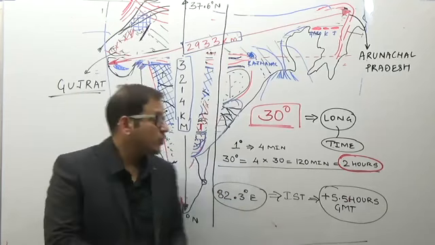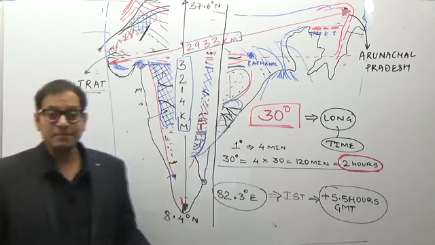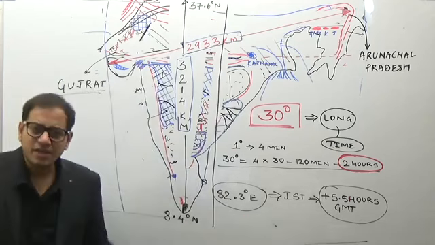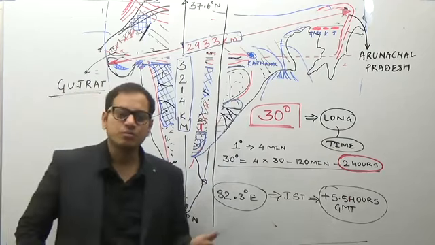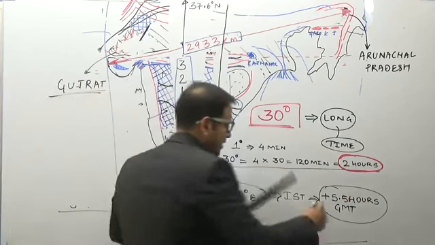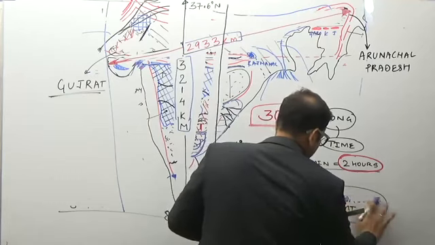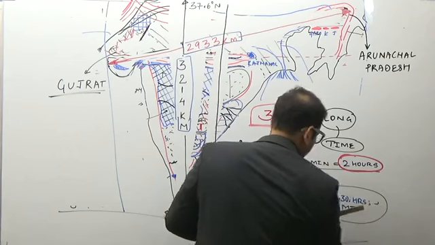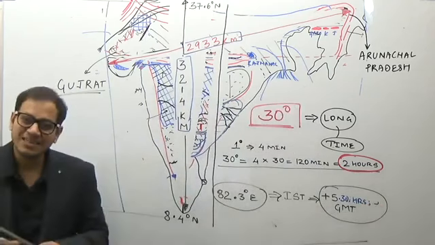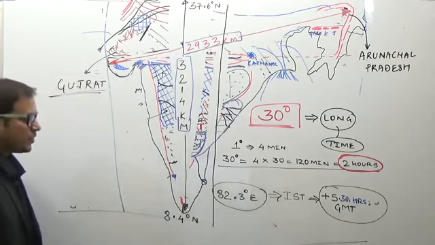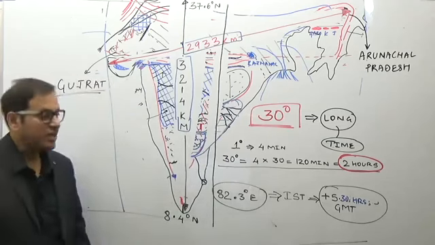So we are 5 hours 30 minutes ahead of Greenwich Mean Time, therefore I have written 5.5 hours. You can even write it this way, 5 hours and 30 minutes, because this 82.5 degree east longitude is the Indian Standard Time.